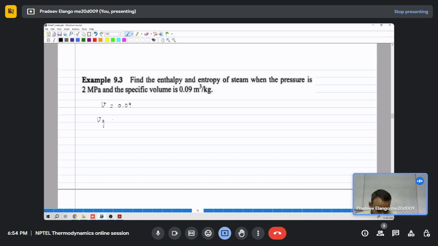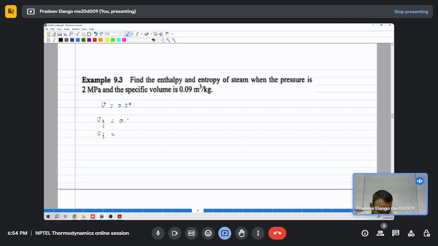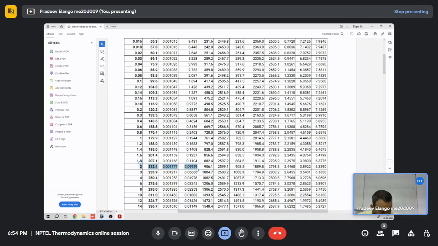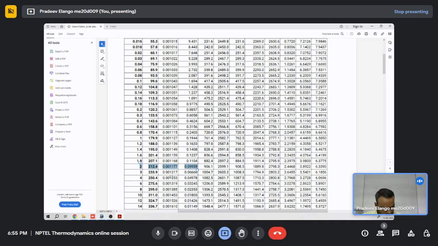You can see the Vf and Vg from the table. Vf is 0.001177 meter cube per kg, and Vg is 0.09959.